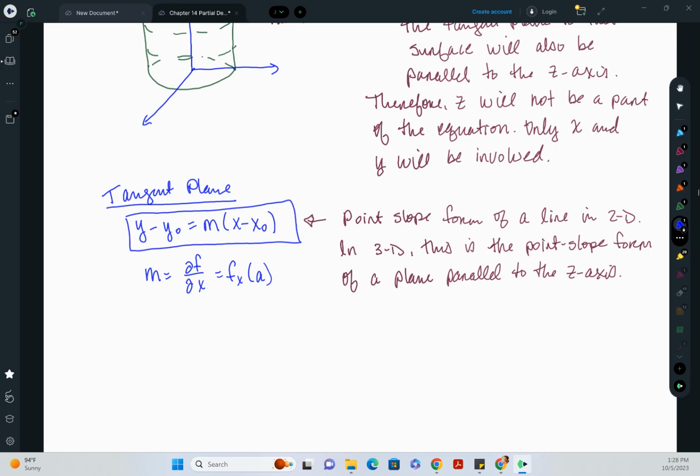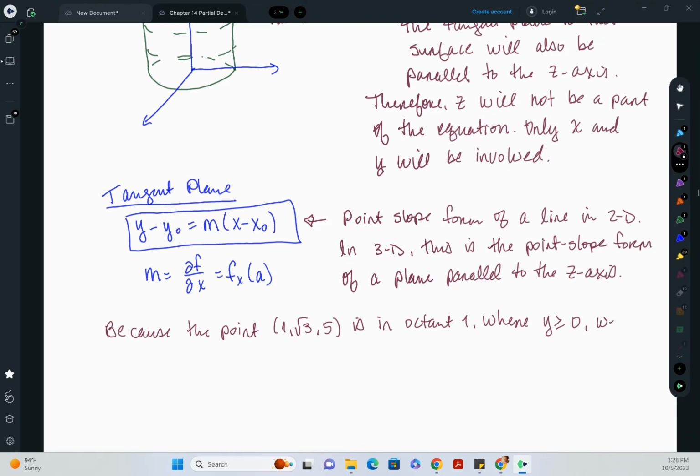Okay, so because the point, and let's see, what was our point again? 1, root 3, and 5 is in octant 1, where y is greater than or equal to 0, we can solve for y in our surface.